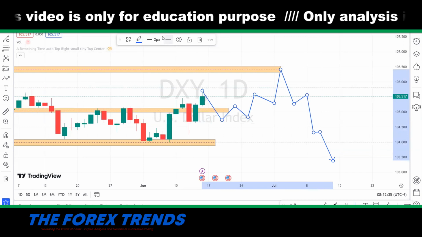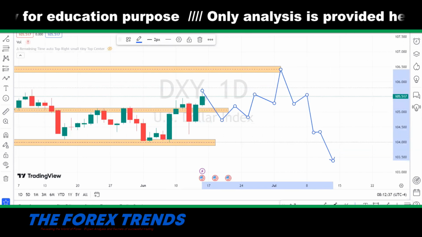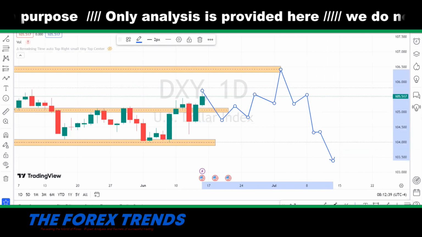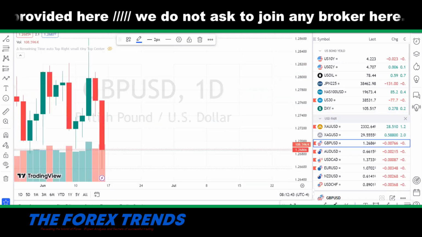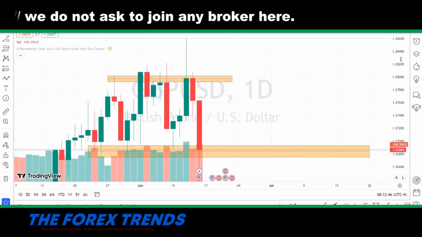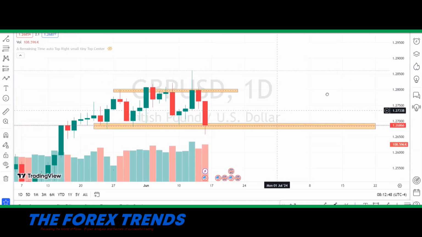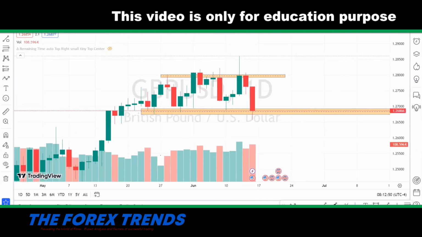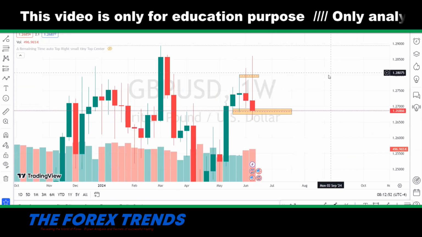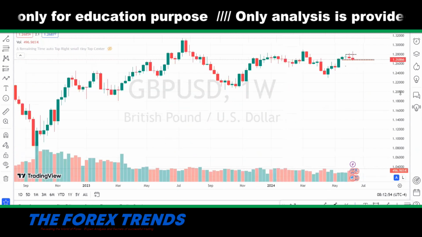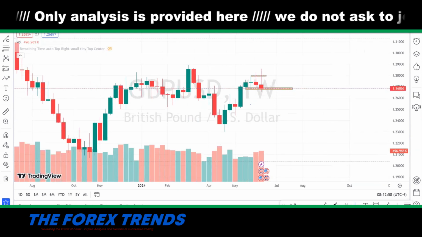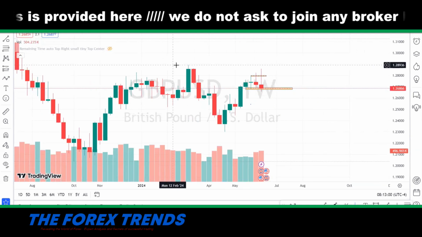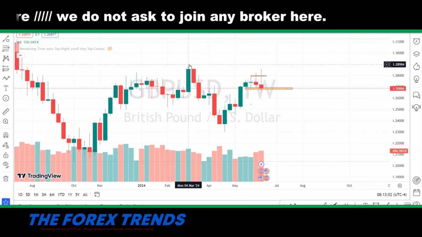Now let's look at the other major pairs. Okay, let's start with GBP USD. As I always do, start with the higher time frame. Let me check the weekly frame. In the weekly frame, it clearly shows a good rejection from this resistance zone.